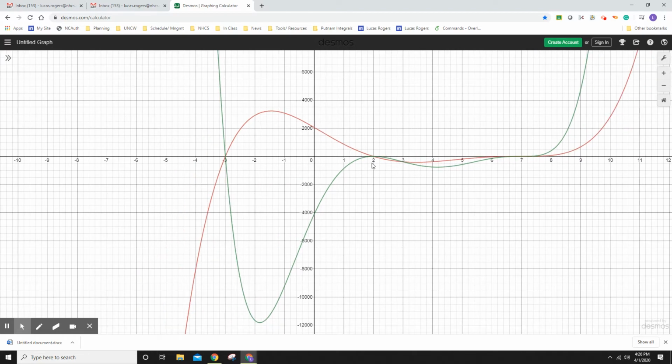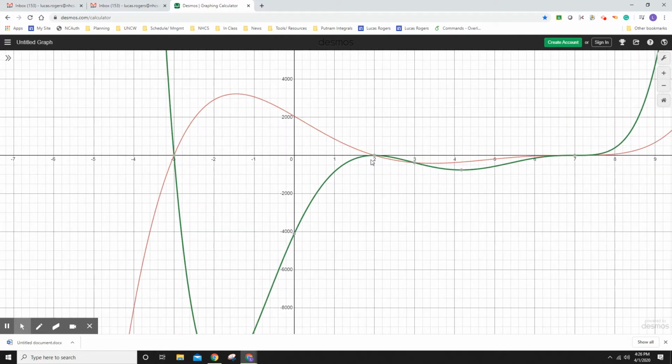Now, looking at the 0 here, the root here, what we wanted to see in green is the bouncing off, right? The green line there is turning and hitting like it's bouncing off of this x-axis and then going down again, right? It's not cutting through. Down here, it's negative values for y. It does not become positive at the other side of 2. So when x is greater than 2, this does not become positive.